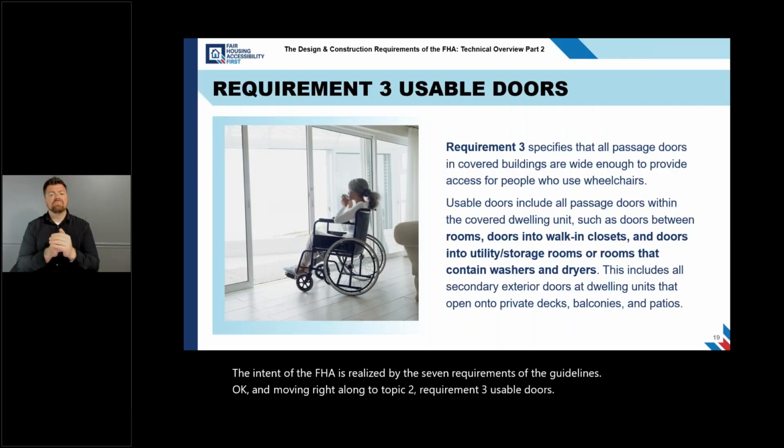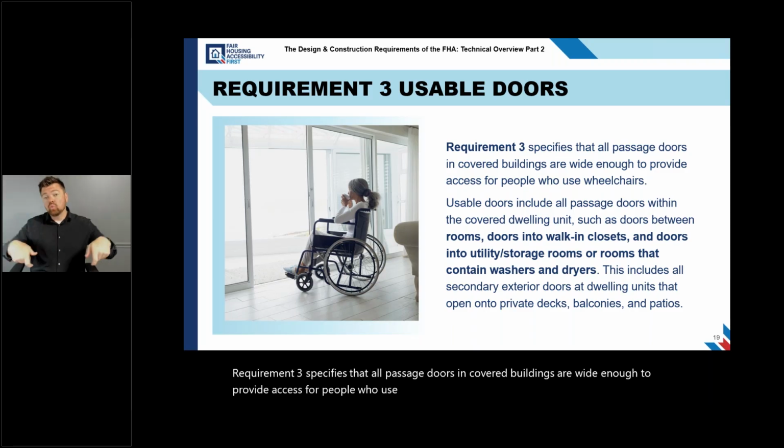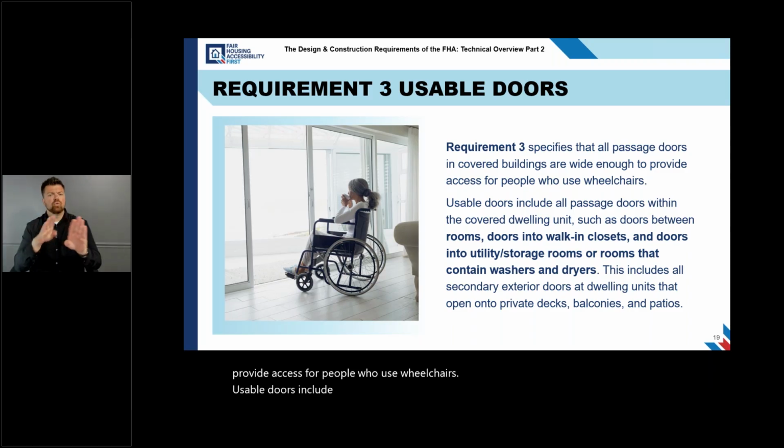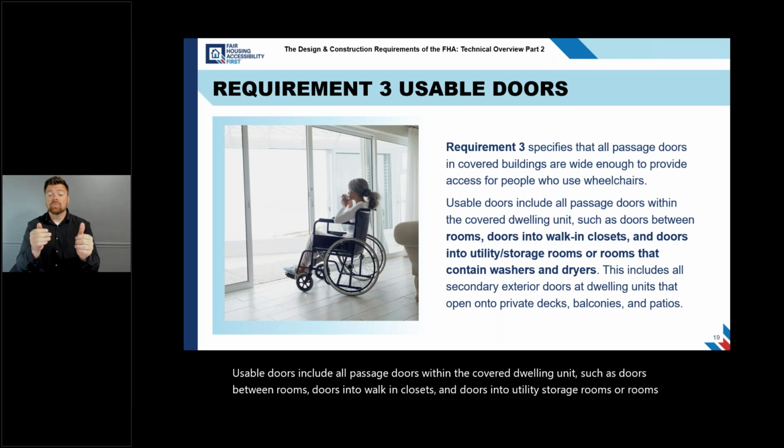Requirement 3 specifies that all passage doors in covered buildings are wide enough to provide access for people who use wheelchairs. Usable doors include all passage doors within the covered dwelling unit, such as doors between rooms, doors into walk-in closets, and doors into utility and storage rooms or rooms that contain washers and dryers.